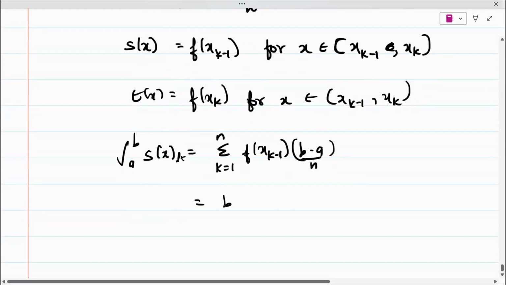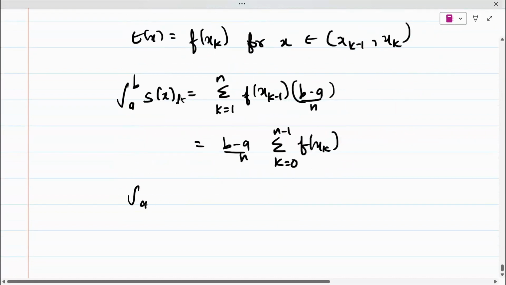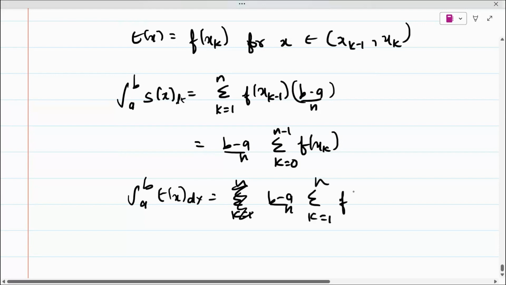So first we take this out and then we de-index it. Good. Same way for p, you get k equals 1 to n, x_k.